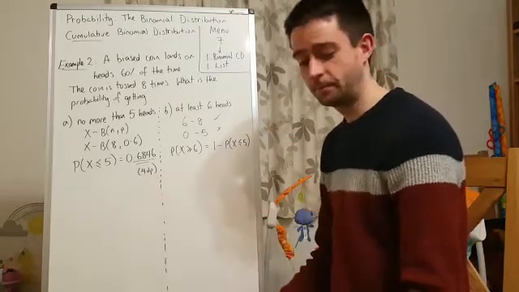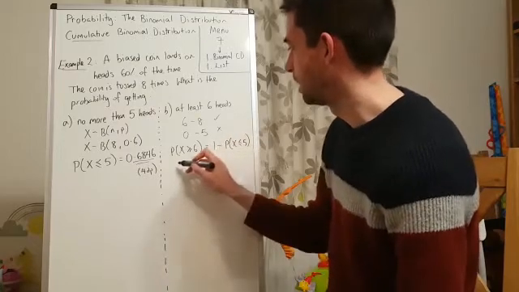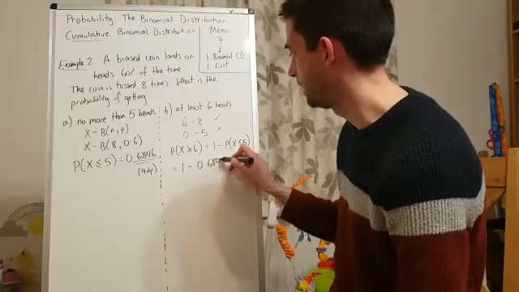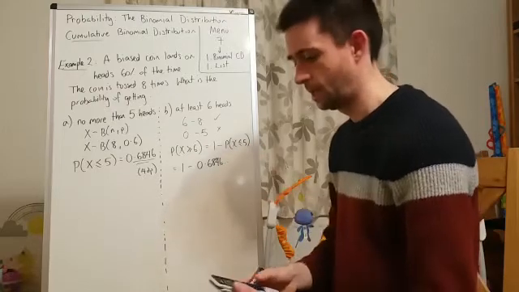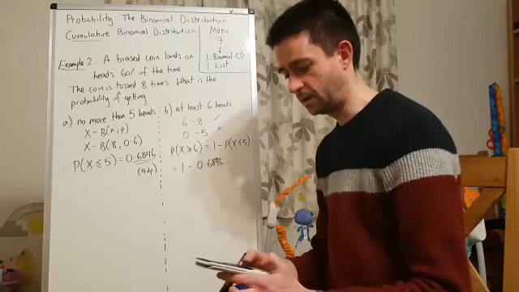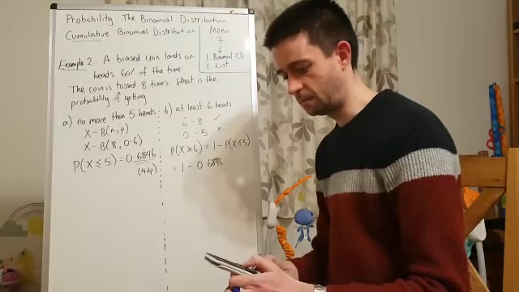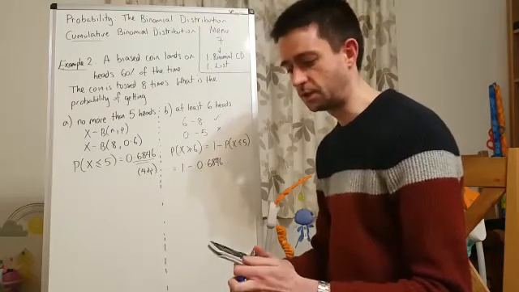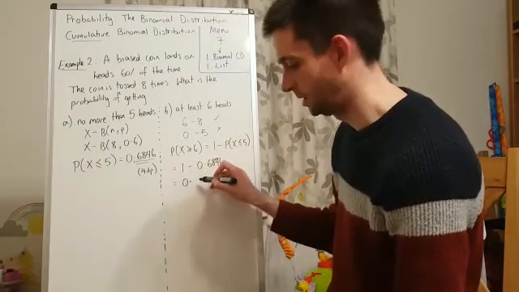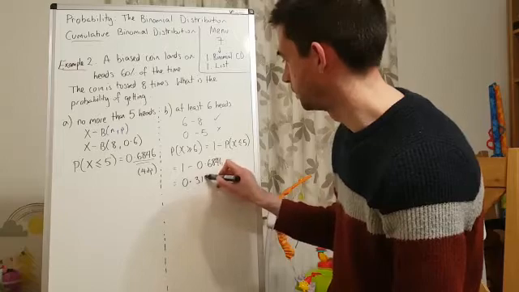We have that already from part A. So it's simply a case of saying 1 minus our answer from part A. So I'll store that value in my calculator, go back to the standard calculation menu and use that result, and to 4 decimal places I get 0.3154.